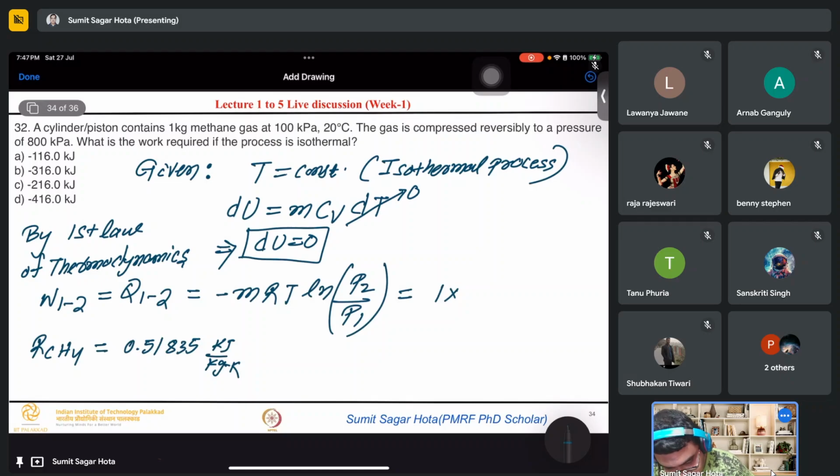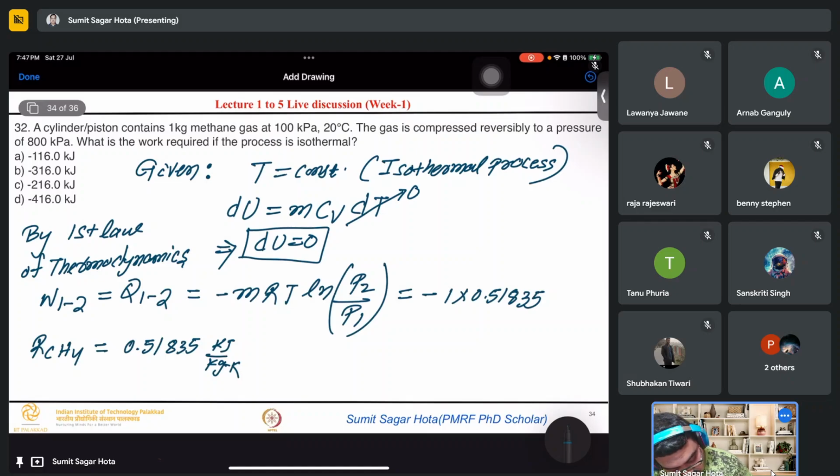So 1 into minus of 1 into 0.51835. Now what is the temperature?